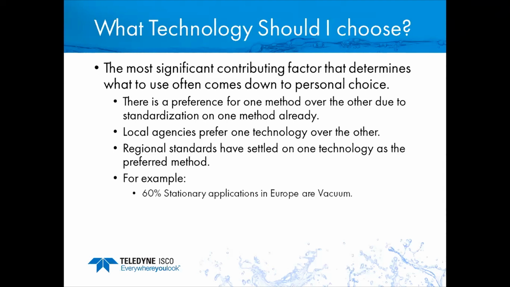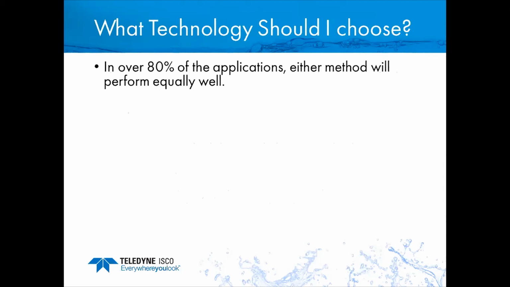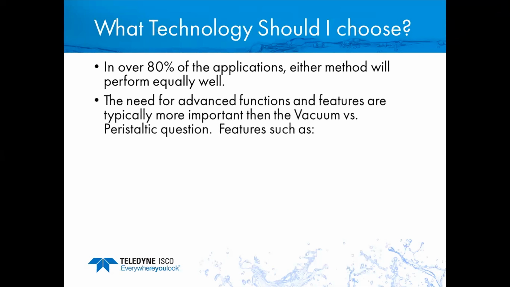So again, for example, 60% of the stationary applications in Europe are vacuum samplers. 95% of the portable applications worldwide are peristaltic samplers. In over 80% of the applications, either method is likely to perform equally well. But there may be certain characteristics of a given application need that lean in the direction of one methodology over the other.